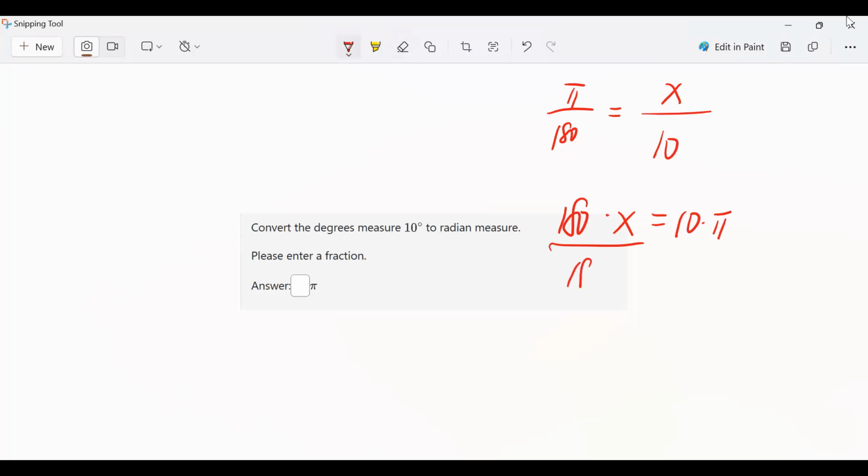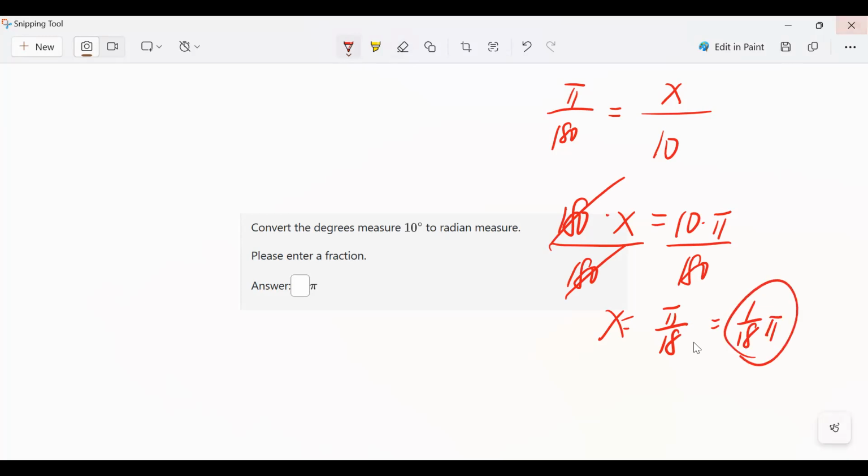Divide 180 from both sides of the equation, and it's equal to pi over 18, right? So it's 1 over 18 pi. That's how you do the conversion from degrees to radians.